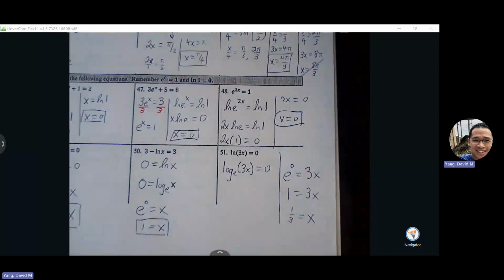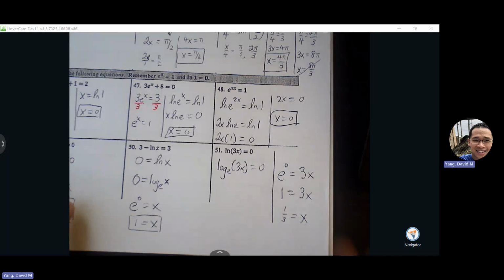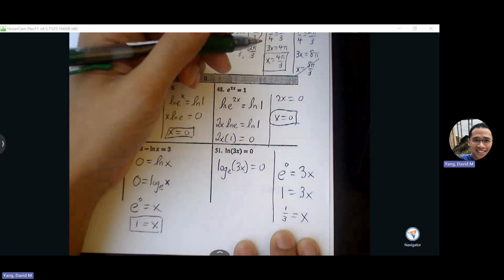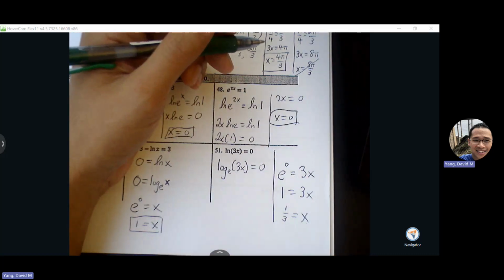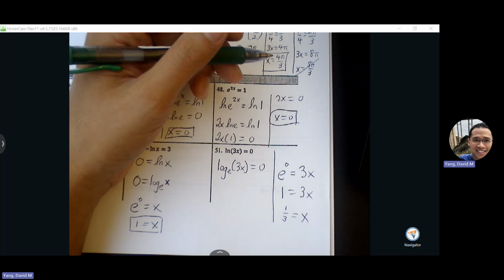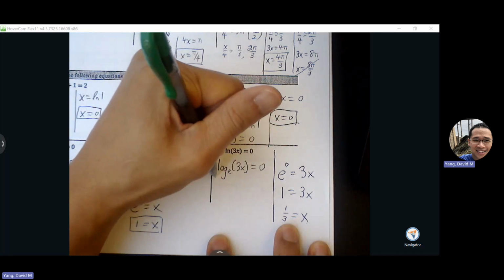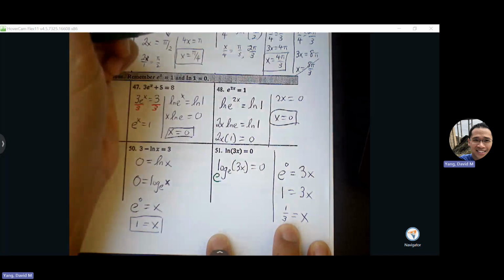That's one way. Another way is taking advantage of the fact that logs and exponentials are inverses of each other, and we can find a way to get the e's to cancel out. Just like log base e of e cancels out, the same thing happens if I have e raised to the log base e.